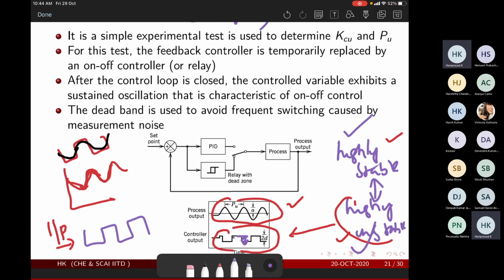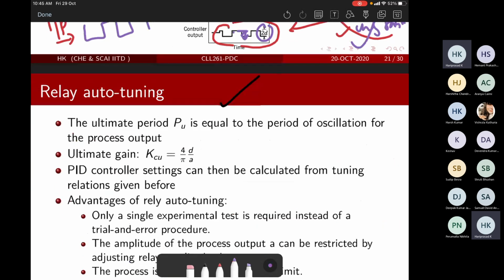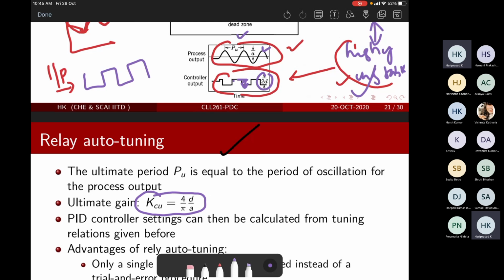And their key contribution was, okay, now you know this PU, the amplitude A, and the relay value 2D. They very nicely came up with how to calculate KCU from these parameters. It's a nice derivation, but due to time constraints, we are not showing it here.